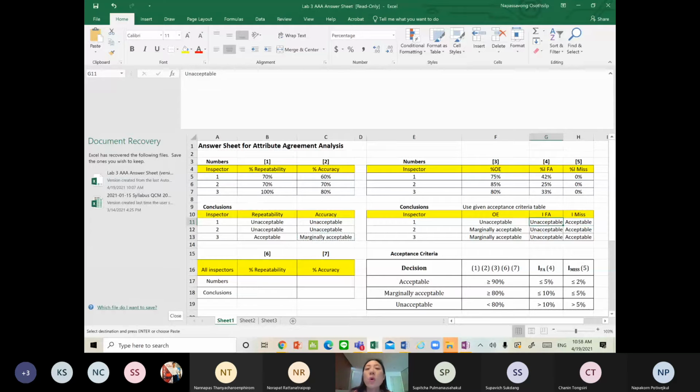So if we want to improve his performance, we have to reduce the false alarm probability. False alarm means rejecting good parts. We have to find out why this inspector made false alarm errors.